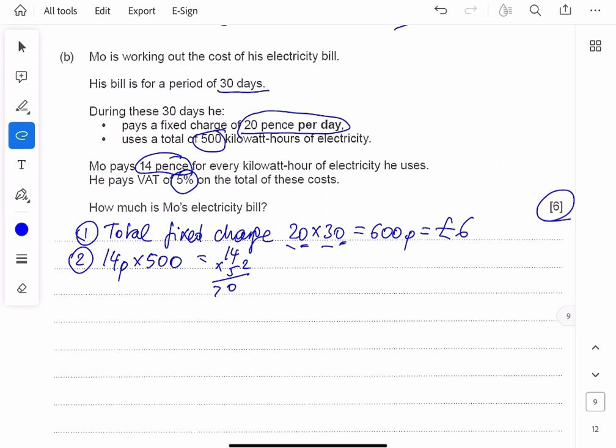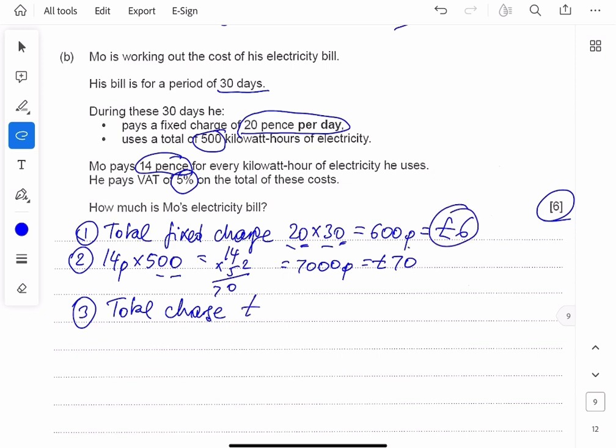So use column multiplication. See, I'm multiplying by 5 instead of 500, and then I'm adding 2 zeros to the answer. Don't forget to convert into pounds. Okay, so I'm going to add these 2 answers together. That will give us the total charge.